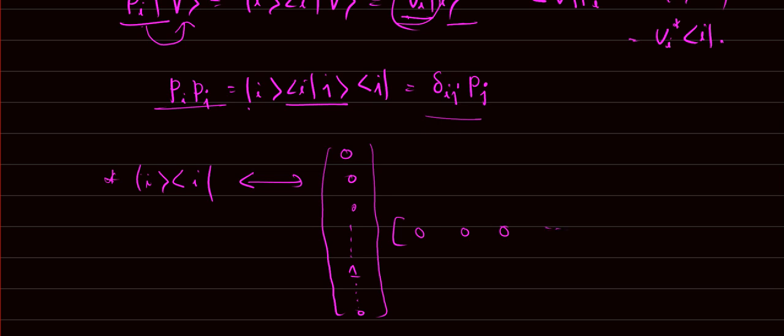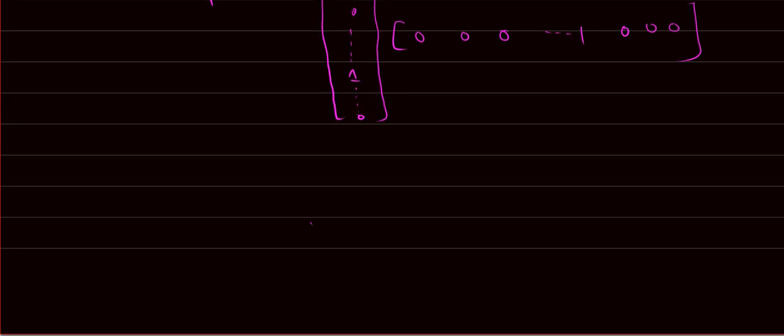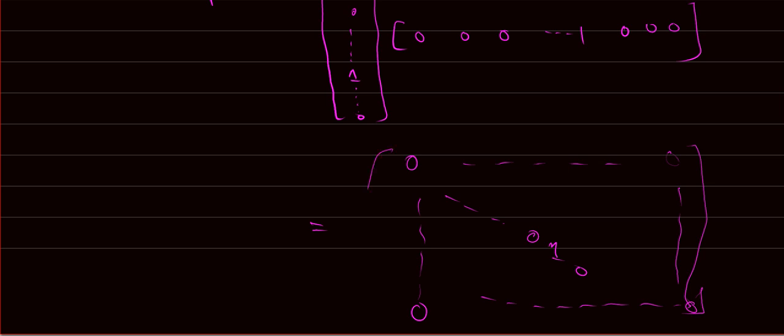The matrix operation will look like this. So it will give us a matrix with 0s and just a 1 in a particular direction depending on i.